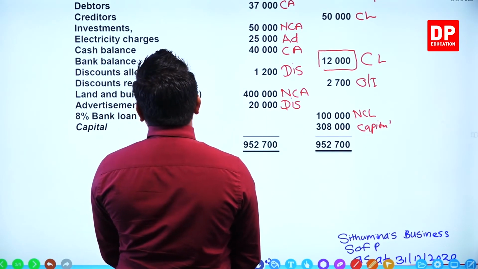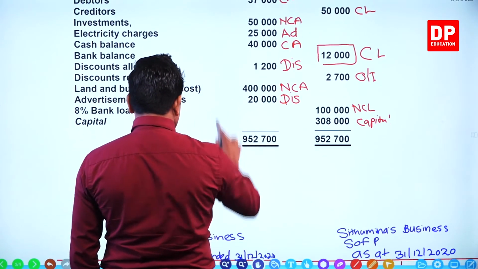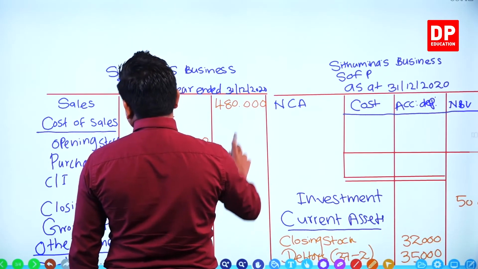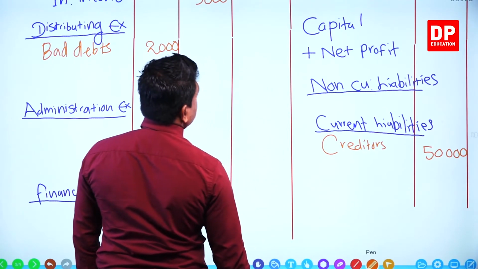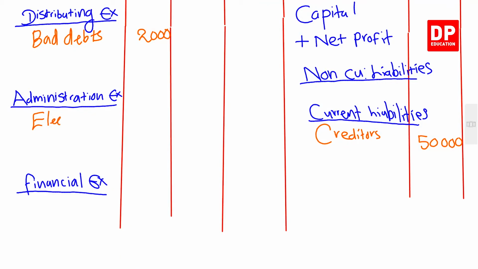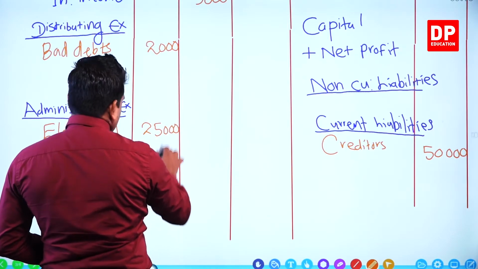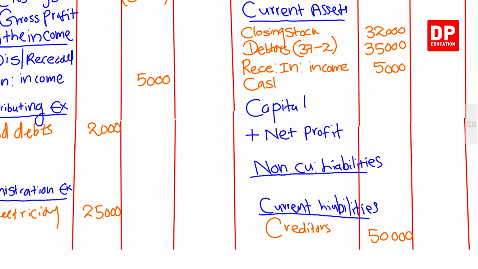Electricity 25,000, cash balance 40,000. Cash balance 40,000. Yeah, next.